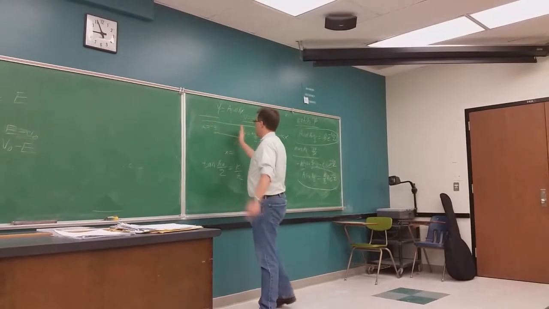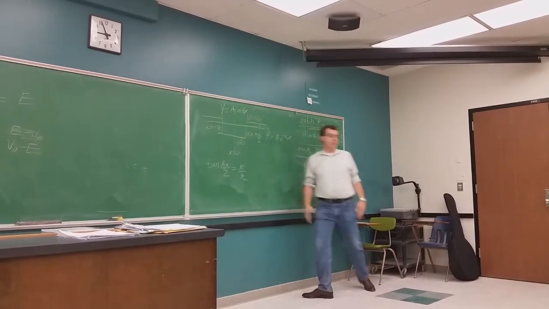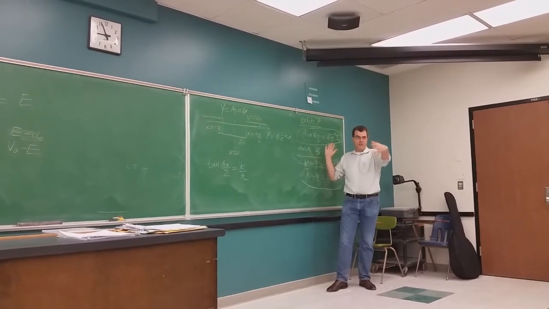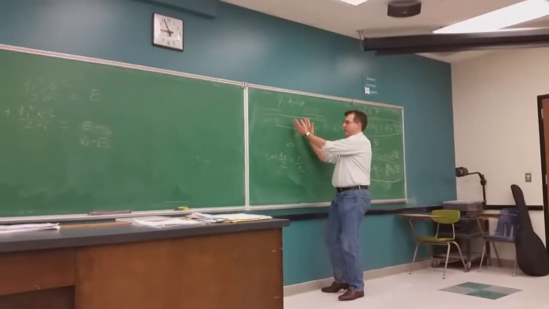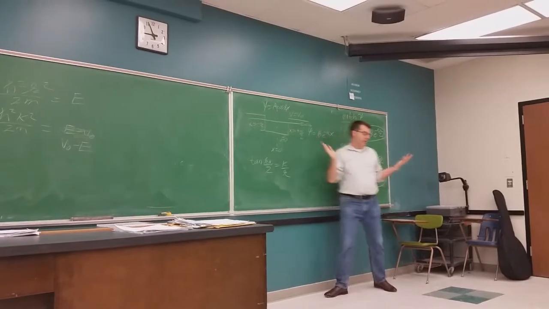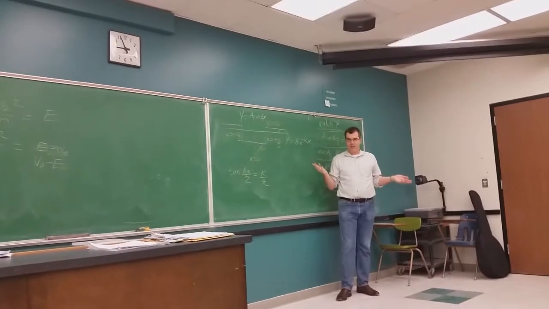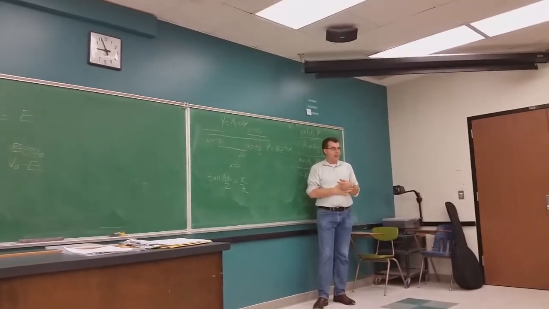So the barriers aren't in here, the barriers are much further out. They're separated by the wavelength of light, which is hundreds of nanometers, rather than the wavelength of the electron, which is maybe angstroms or nanometers. But it's the same math.